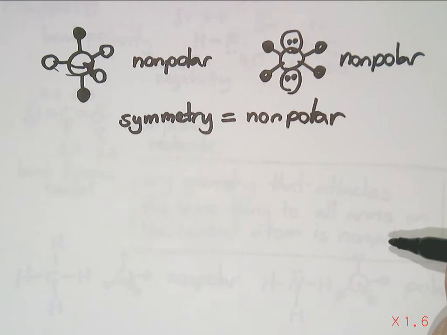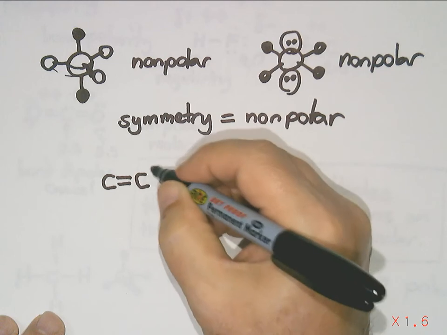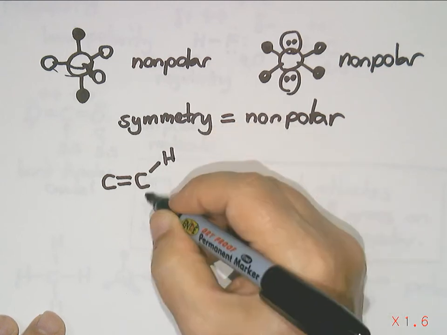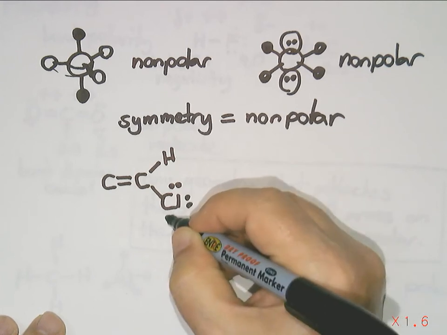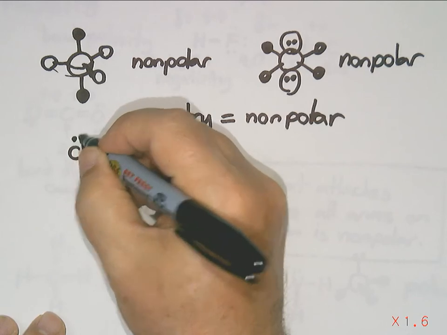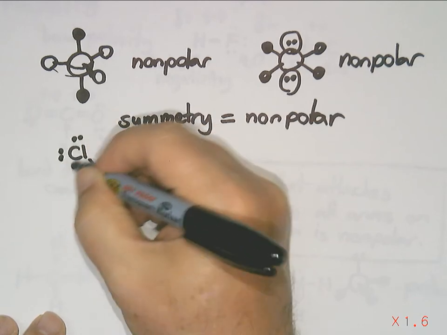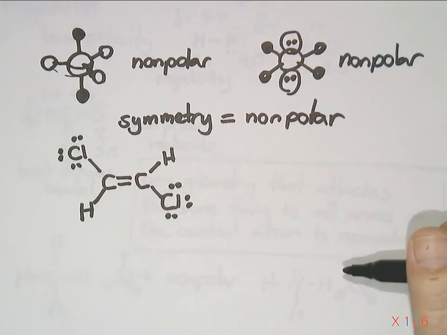Let's look at some more subtle examples of deciding whether you've got a polar molecule or a nonpolar molecule. Suppose you had this multi-center structure, and you want to decide if this is polar or not.